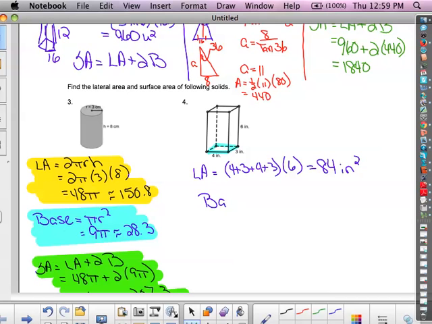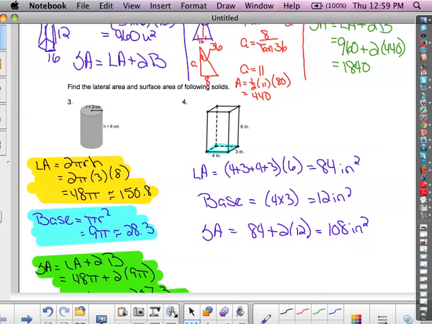Then the area of the base is just the area of that square on the bottom, 4 times 3, which is 12 inches squared. So then the total surface area will be 84 plus 2 times 12, or 108 inches squared. And these should all be units squared as well.